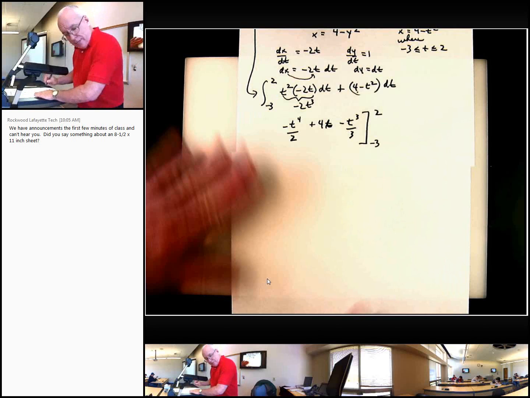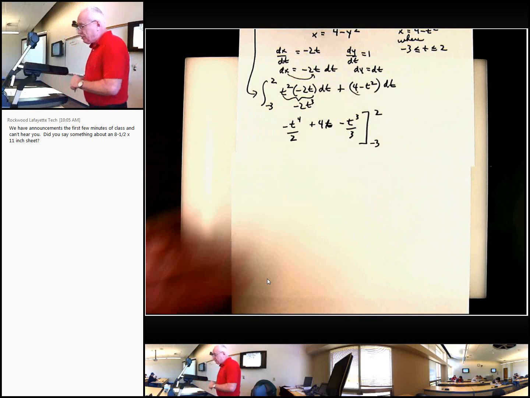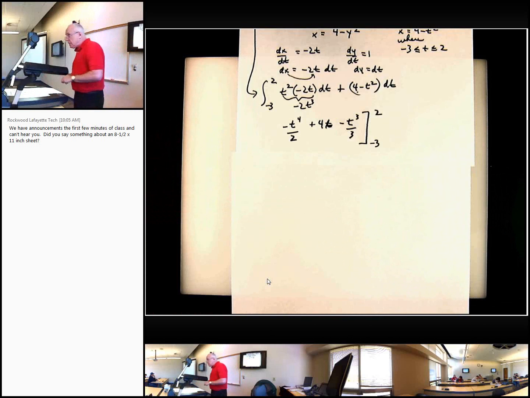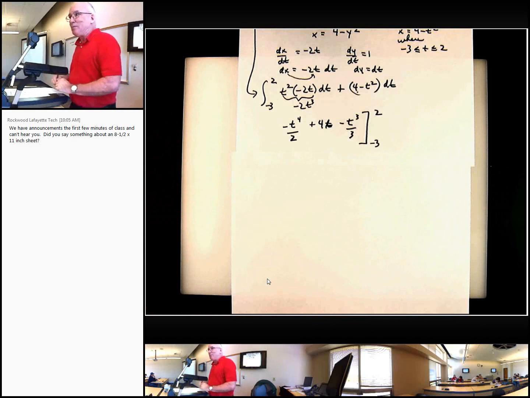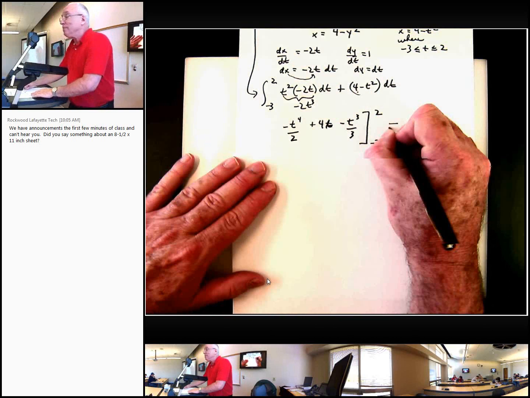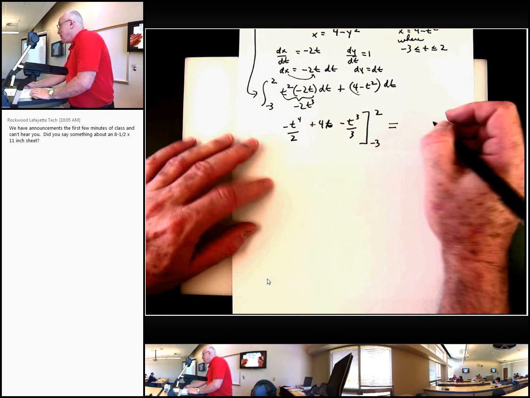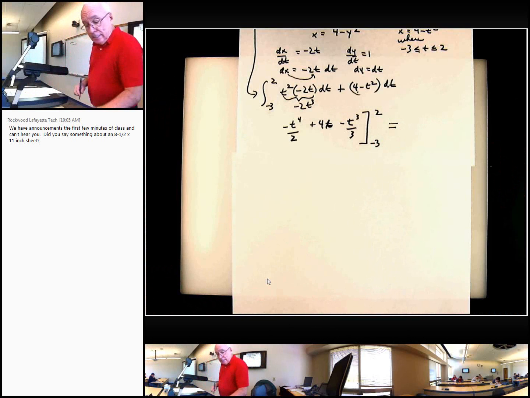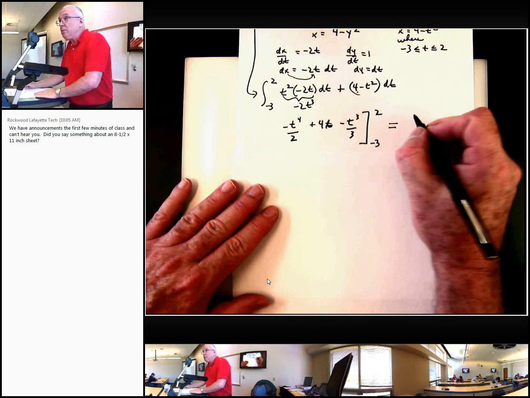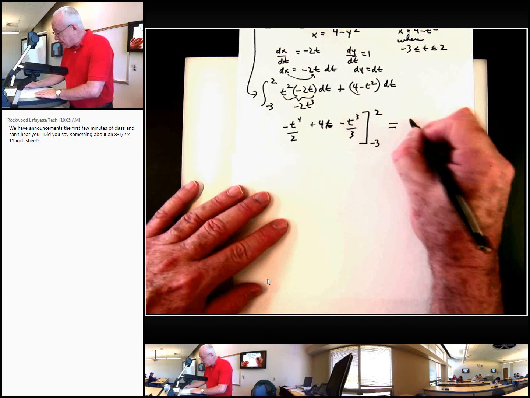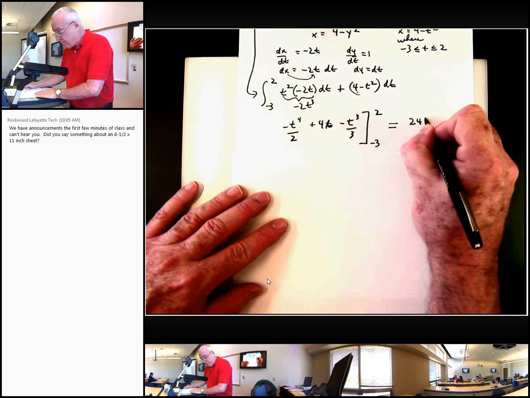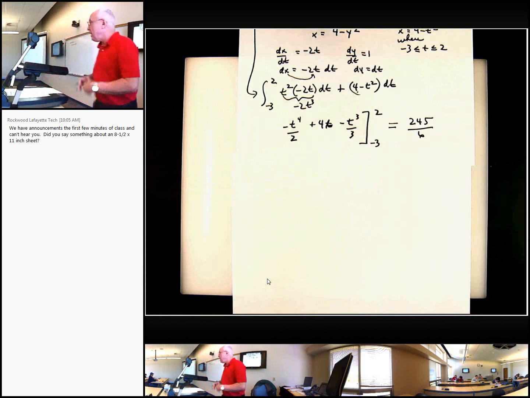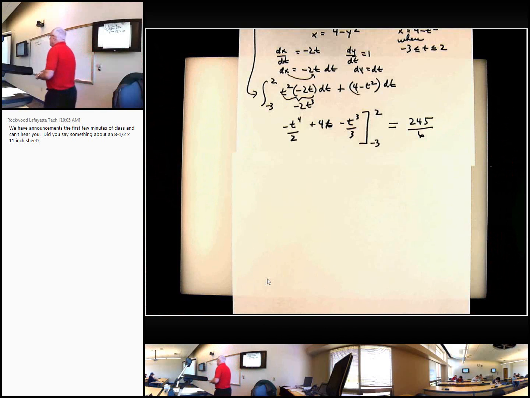For sake of time here, it's just a matter of doing arithmetic, which sometimes is where the devil is in the details. Can I skip the arithmetic and just go to that this equals 245 over 6? So we have fractions that we have to combine.